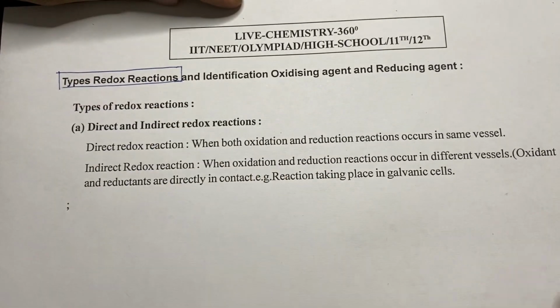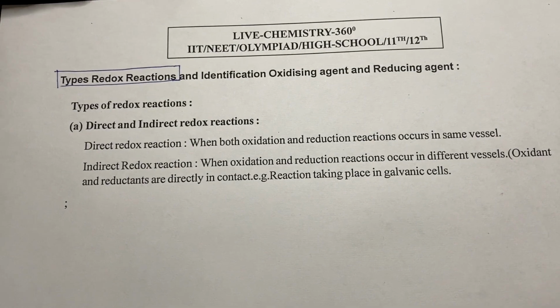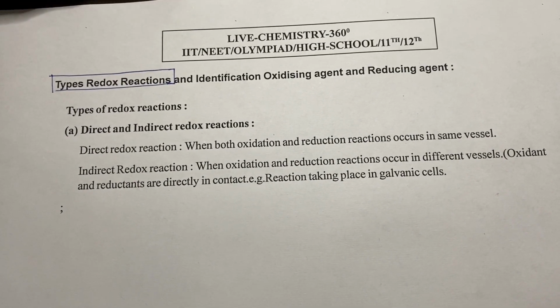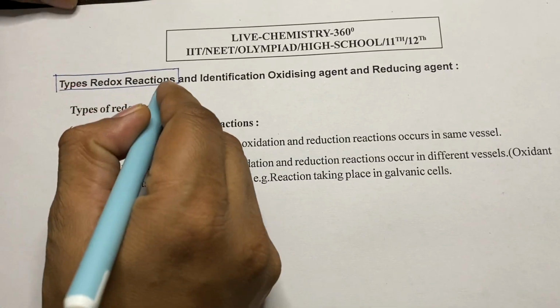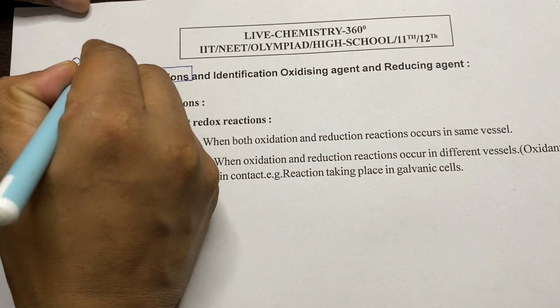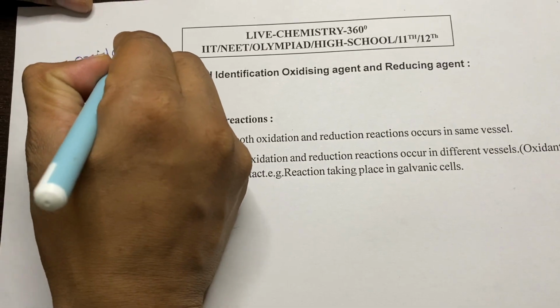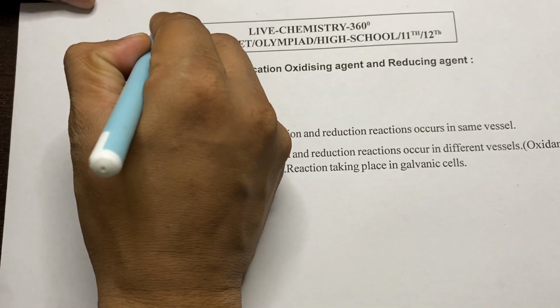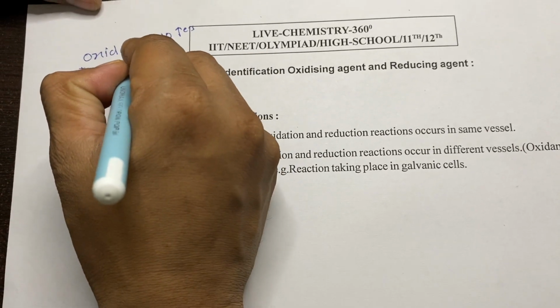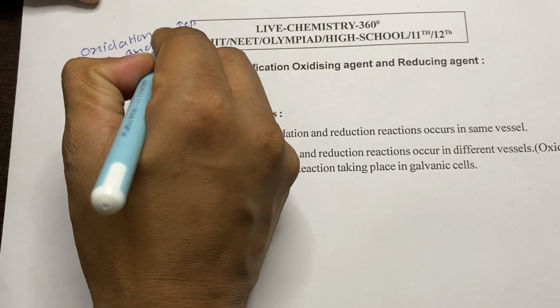So we can say that the modern definition of the redox reaction, which is more important to solve the problem, is that redox reactions are those in which oxidation number increases and decreases.